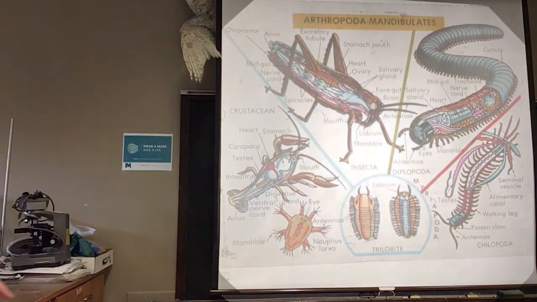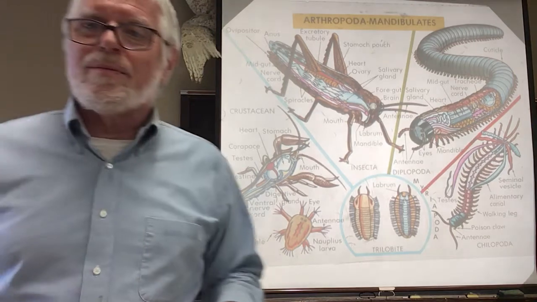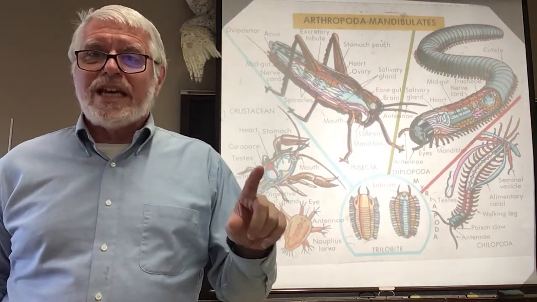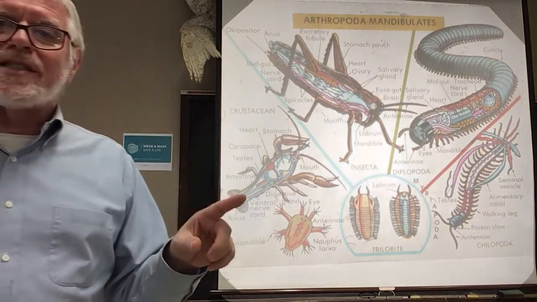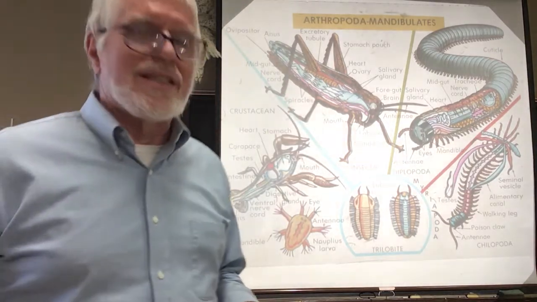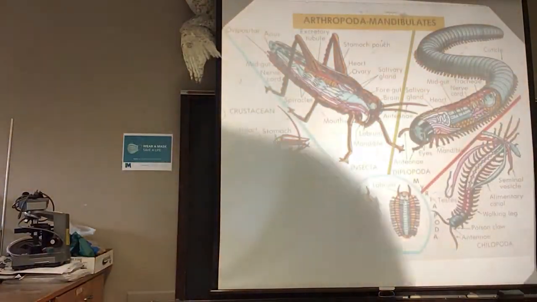These are the crustaceans, these are the insects, these are the millipedes, and these are the centipedes, with a cutaway there, cutaway there, cutaway there, cutaway there. When we do the lab, we'll work with crustaceans, and we will work with a crayfish as a typical crustacean, and with insects using a grasshopper as a typical insect, and a cricket, just to give you an idea of some of the stuff when it's active.